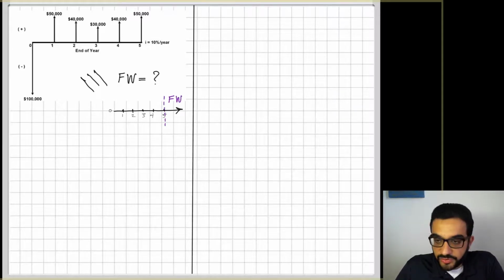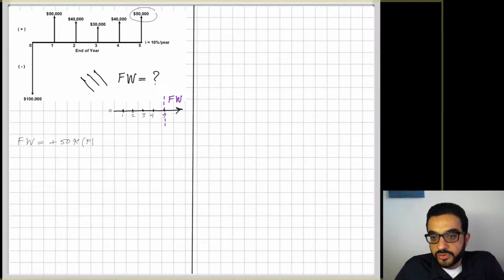What happens is we're just getting the equivalent cash flow made of one single sum at year 5, and it's equivalent to the cash flow that was originally given to us. So for the future worth, I will deal with every cash flow and bring its value to the future of this cash flow series, which in our case is the end of year 5.